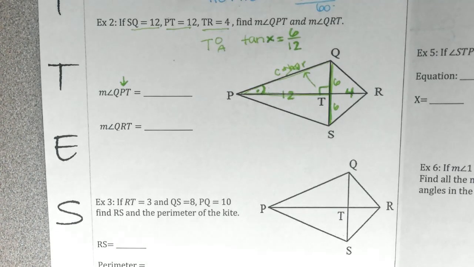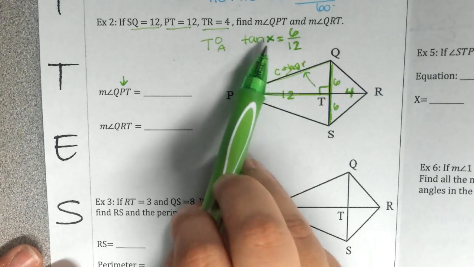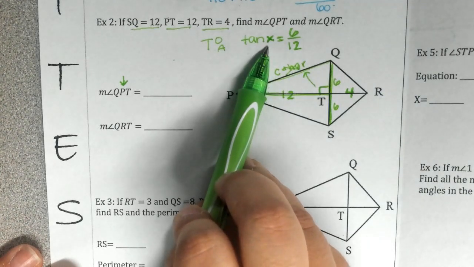As a reminder, what does your calculator need to be in? Degree mode. So please, when you're doing this, make sure you're in degree mode. Last unit, it didn't matter because we didn't do SOHCAHTOA. Degree mode only matters if you do SOHCAHTOA. When I'm looking for the angle, how do I get x by itself?